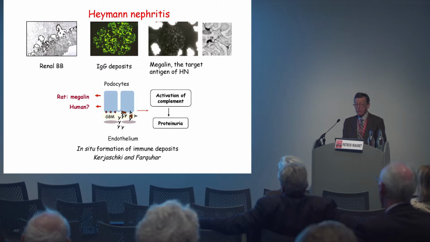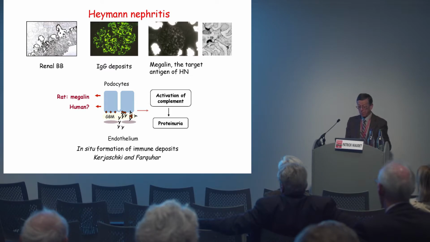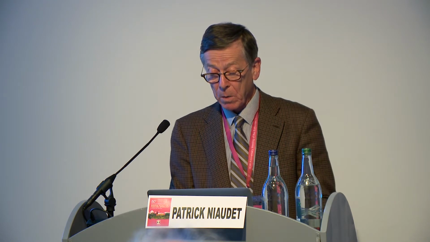And subsequently, in the passive model of Heymann nephritis, the immune deposits were observed very soon after the injection of rabbit anti-rat brush border antibodies, which argue against the role of circulating immune complex.